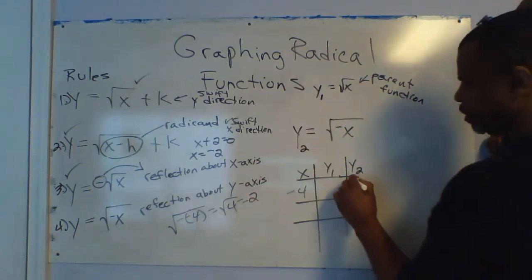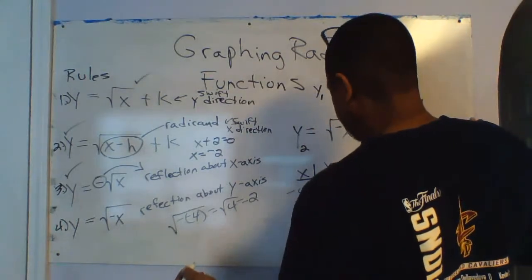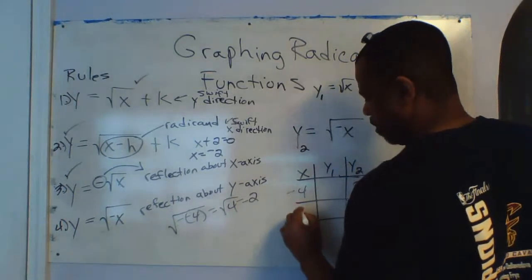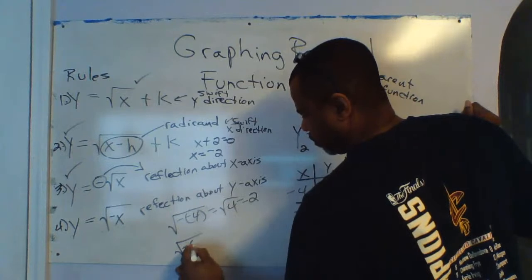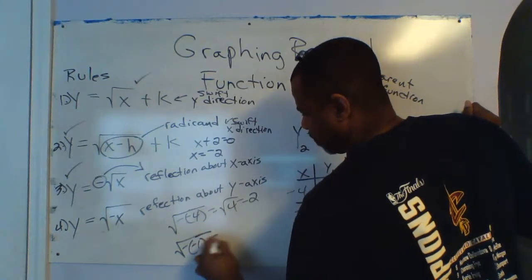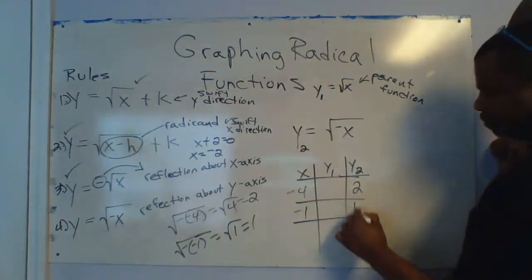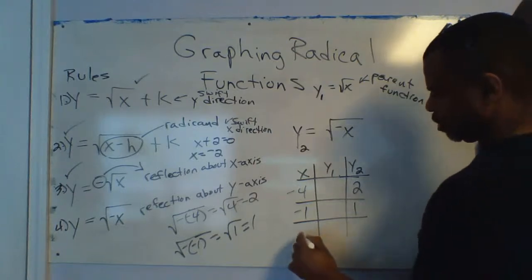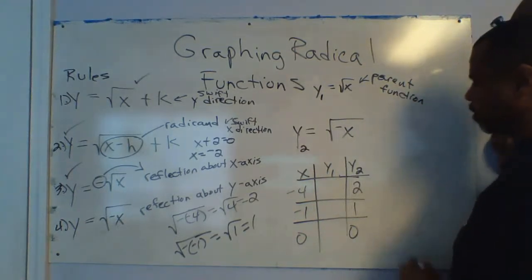Now I want to put in negative 1, because plugging in negative 1 gives me the square root of 1, which is 1. Now I want to use 0. If I plug in 0 here, we know that's 0.